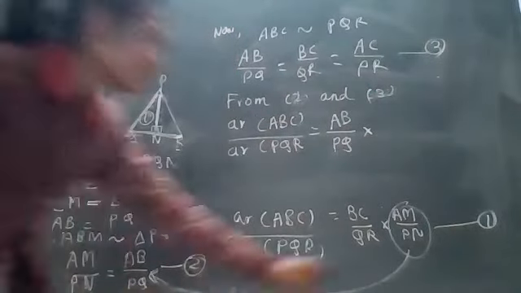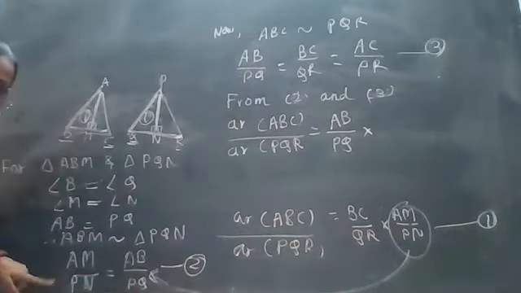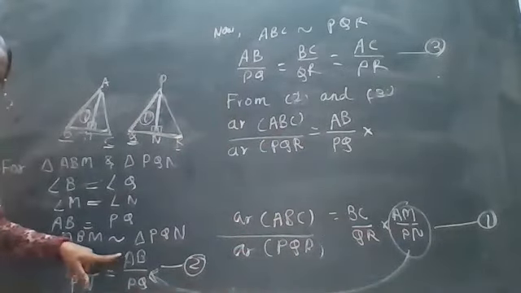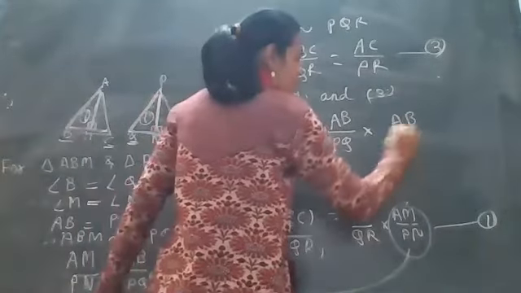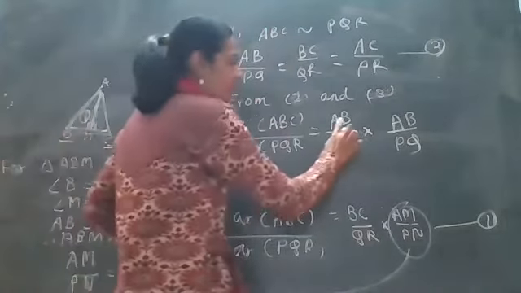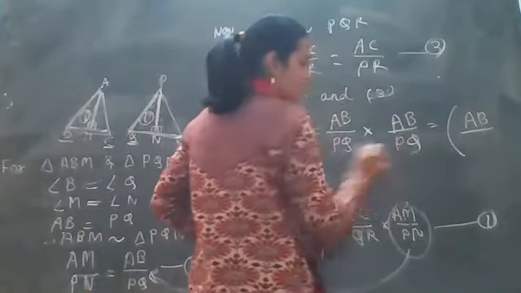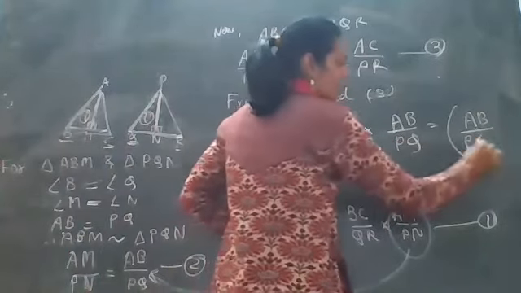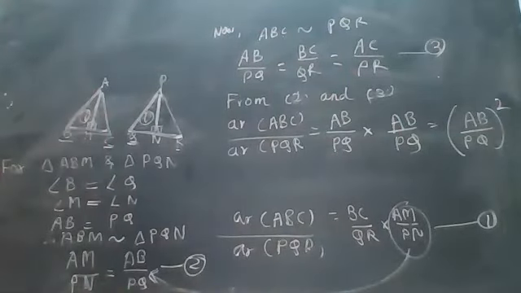And secondly, instead of AM upon PN, we can also write AB upon PQ. So instead of this, we are writing AB upon PQ. Right? So AB into AB becomes AB square and PQ into PQ becomes PQ whole square. Understood this much?